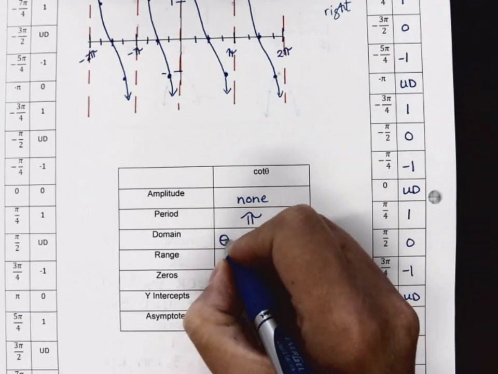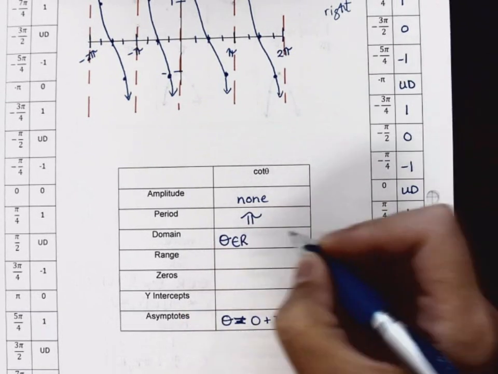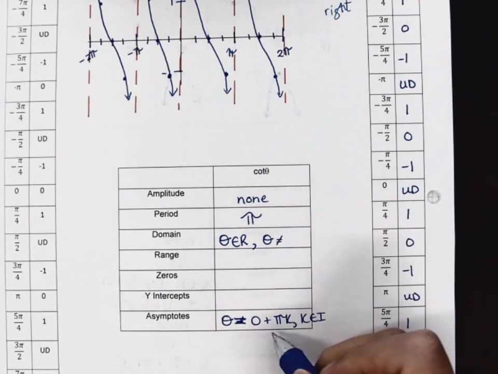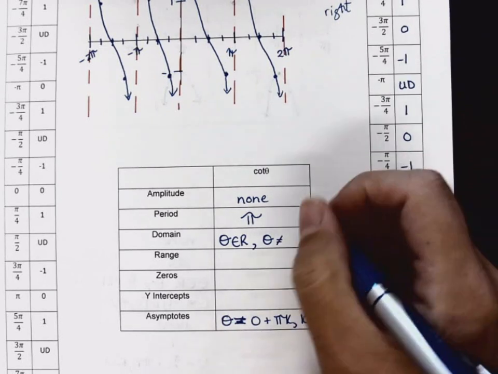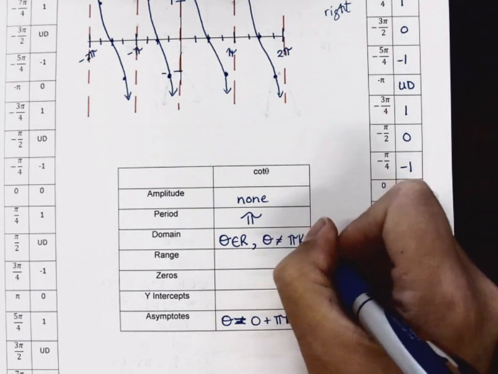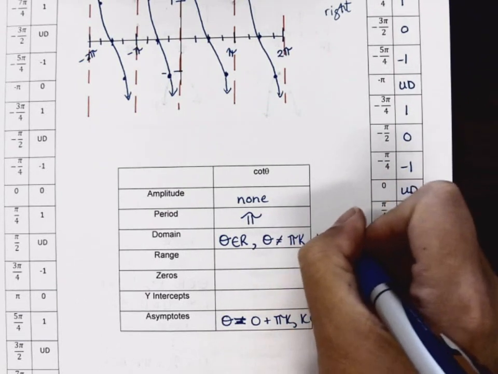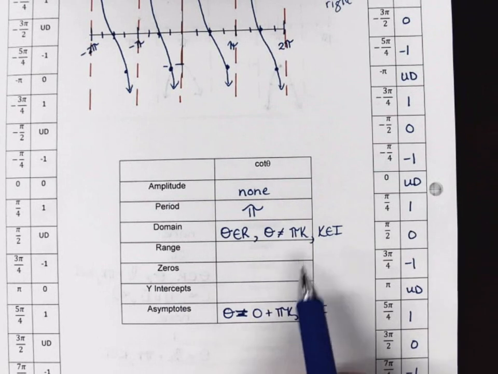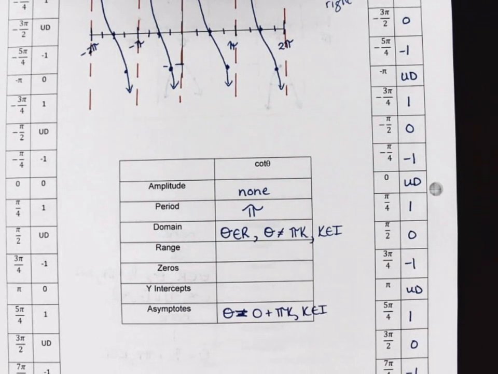So when I do my domain, theta can be any value except where I have my asymptotes. So I switched that up, right? I put the 0 in this one, I didn't put the 0 in this one. Means the exact same thing. It's not an issue.